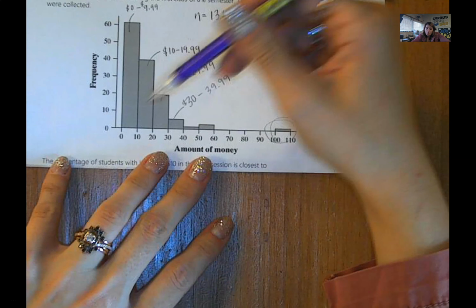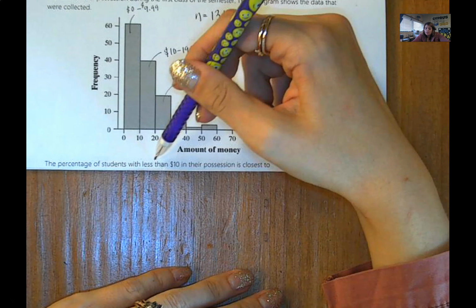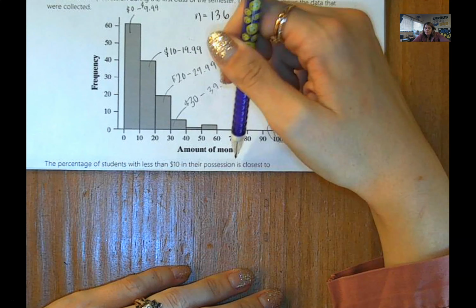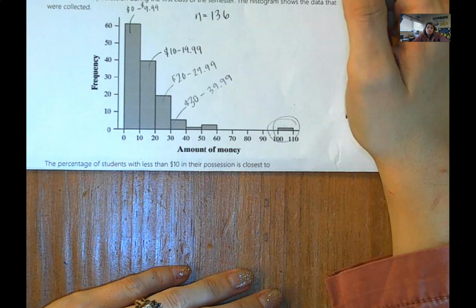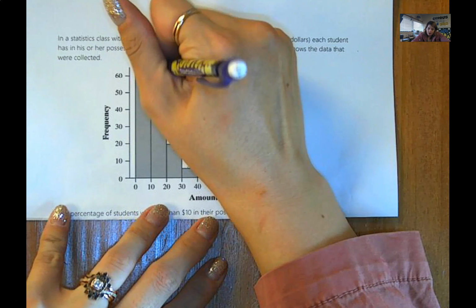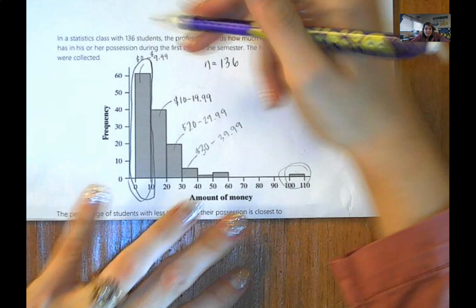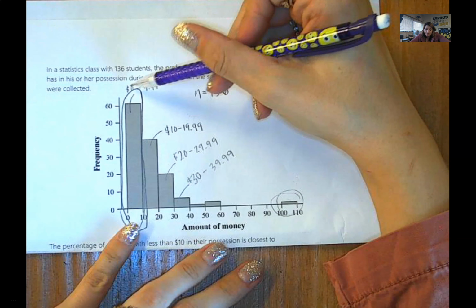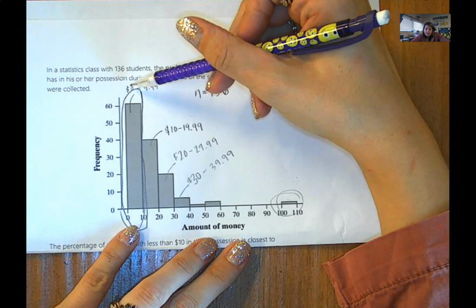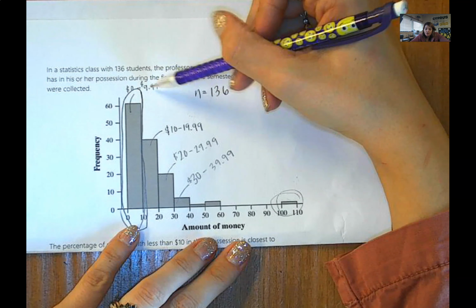So the question is, what is the percent of students with less than $10 in their possession? So that would be this bar and this bar only. It says less than $10, so notice I've already told you that this is kids that have $0 to $9.99.